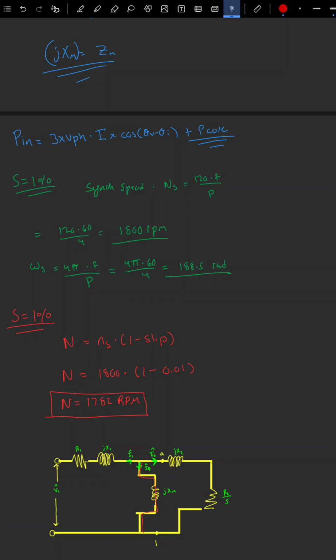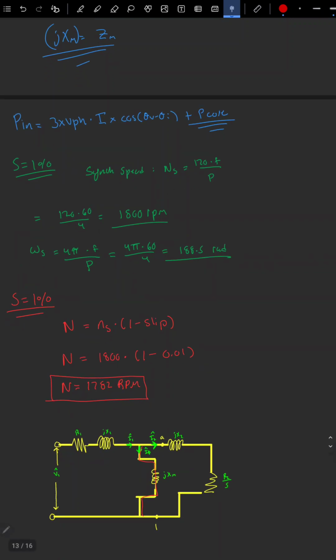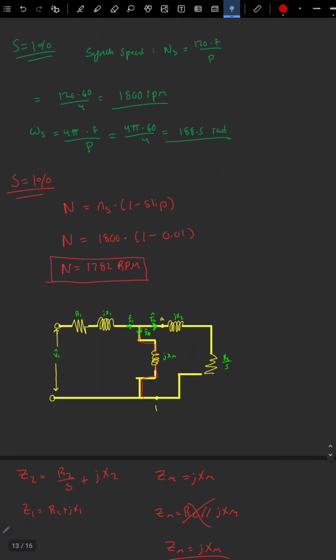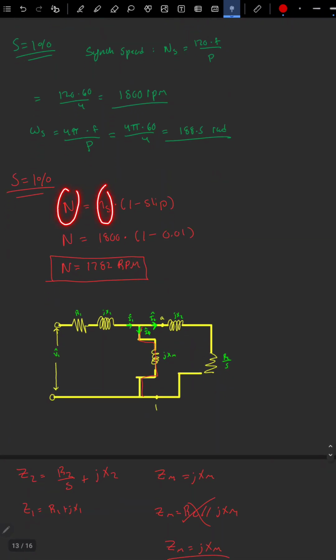Do you realistically need it in this case? We didn't use it, but it's helpful to have in case he asks. He might lack something and ask you to plug it in where you would need to know this times something else is also equivalent. But basically, for slip equals 1%, we found n from the ns that we solved earlier.